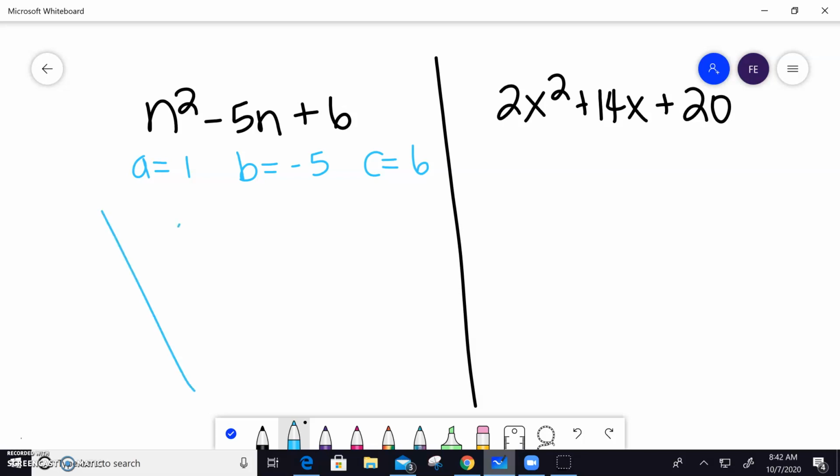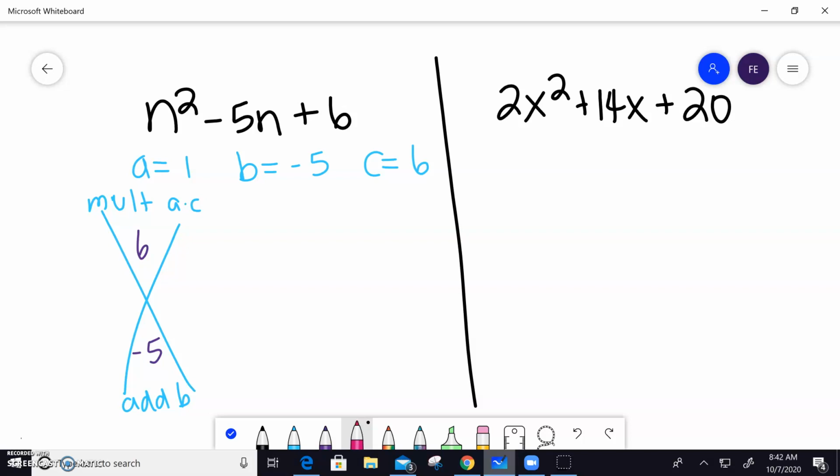So my next step is to figure out what multiplies to give me a times c and adds to give me b. My a times c, 1 times 6, gives me 6, and my b is -5. So my job is to think about the two numbers that multiply to give me 6 and add to give me -5.